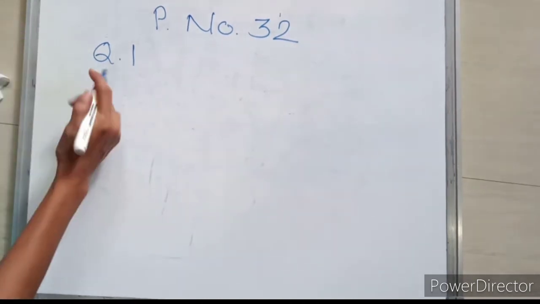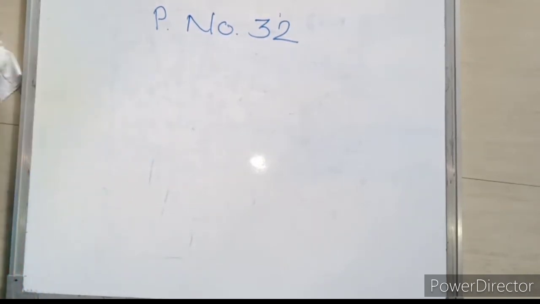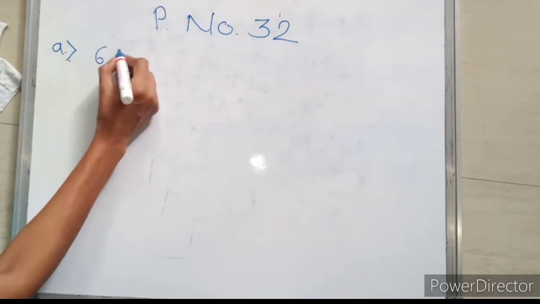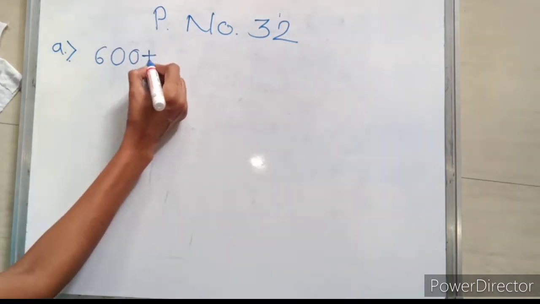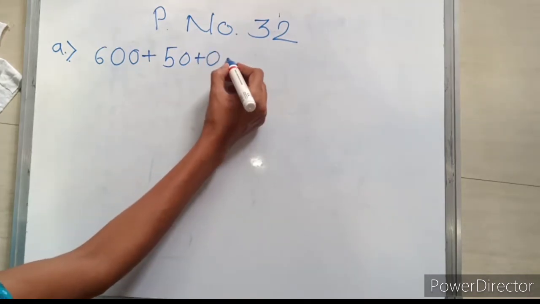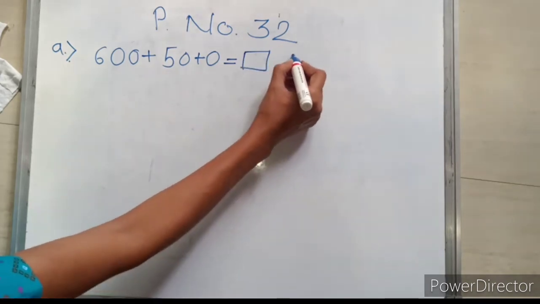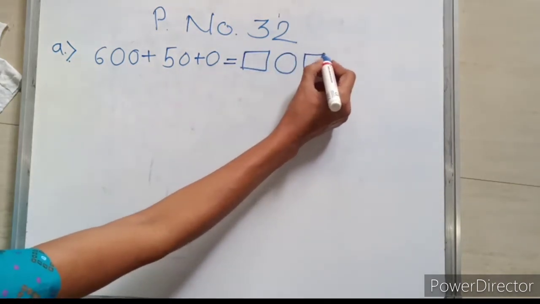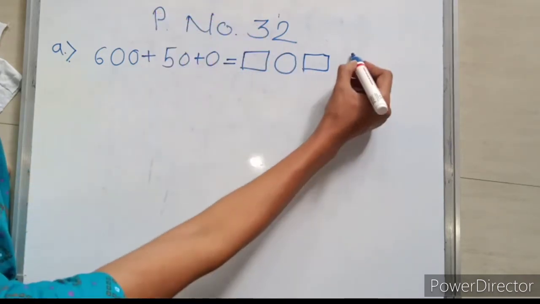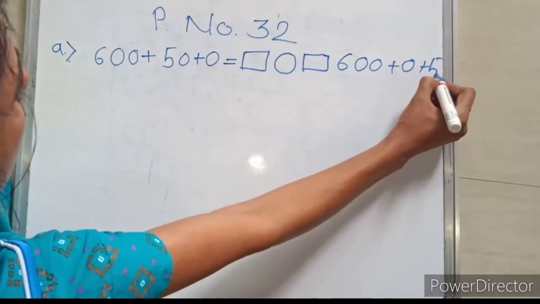Question A. In this we will see one question. Here 600 plus 50 plus 0 is equal to, here is one box, here is a circle, here is one box again, and the next number is 600 plus 0 plus 5.